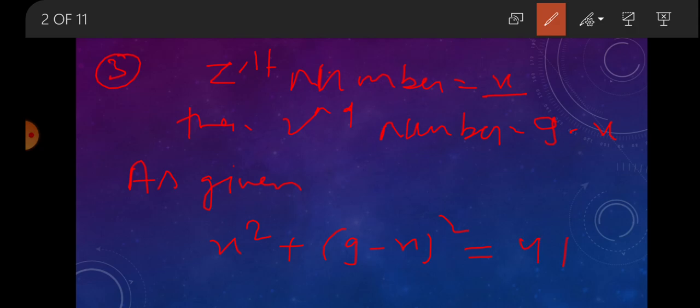Again, when you open this whole square and add it with x square you will get a quadratic equation. Again you have to solve the quadratic equation. You know how to solve it: you can use factorization as well as the formula method.